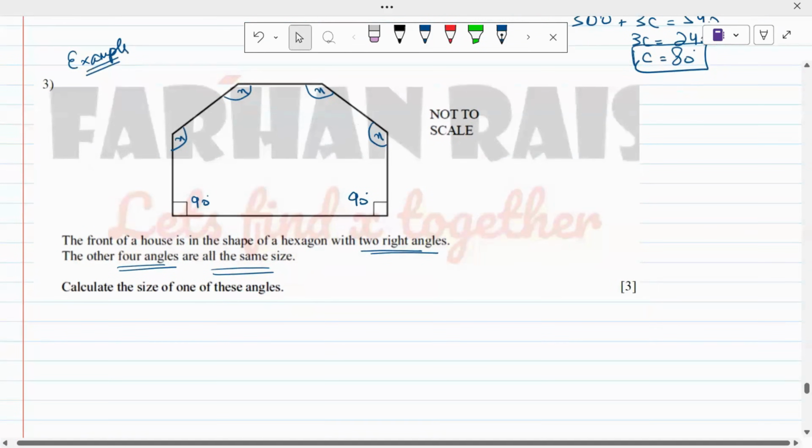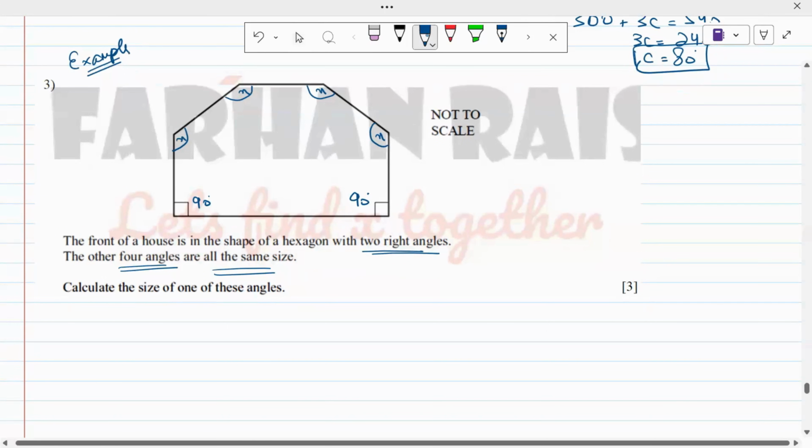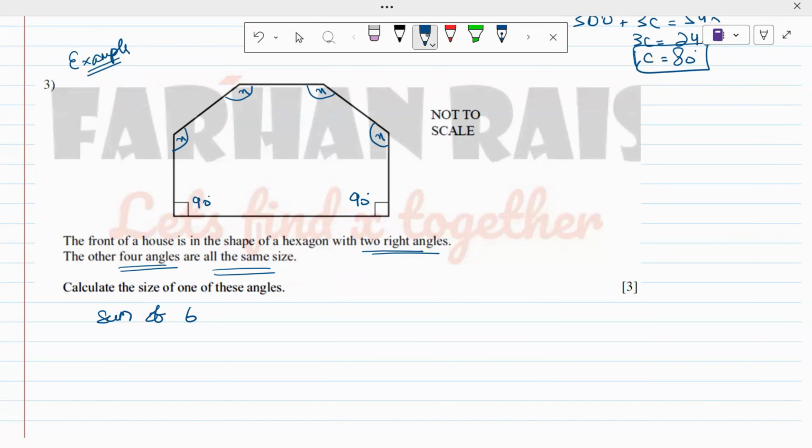So we start with the same formula, which is n minus 2 into 180. So the sum of six interior angles is equal to n minus 2 into 180. And n is 6 here, so it would be 6 minus 2 into 180.